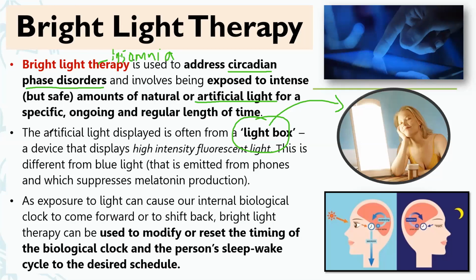Okay, so essentially, whenever we talk about melatonin, and we know melatonin is the main sleep hormone, we have to realize that melatonin is influenced by our exposure to light.